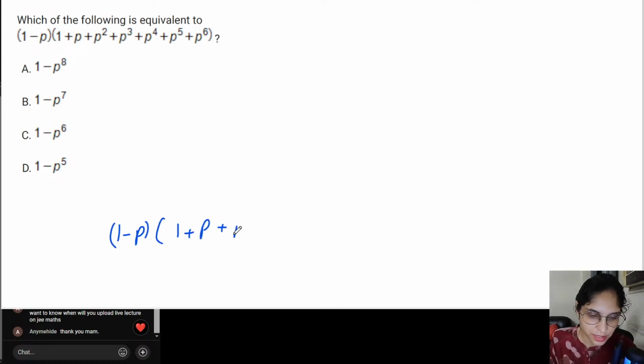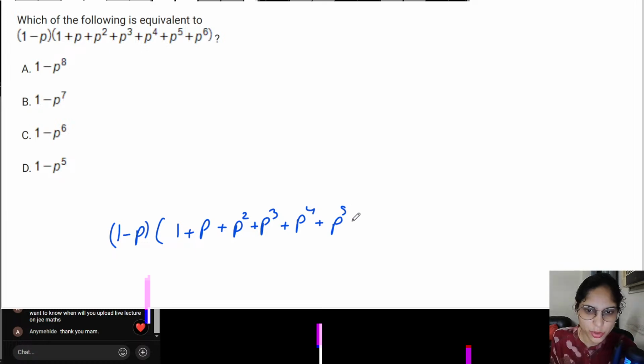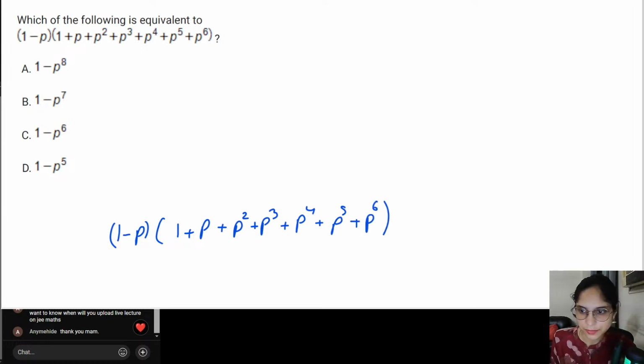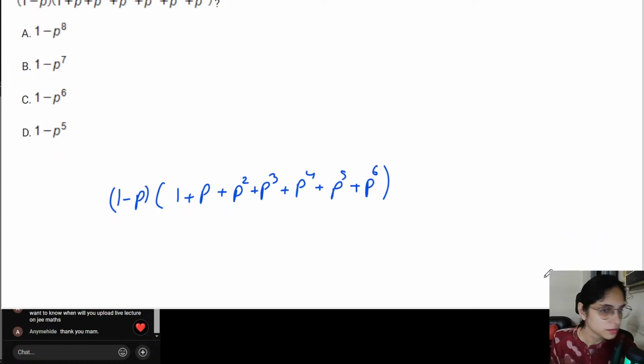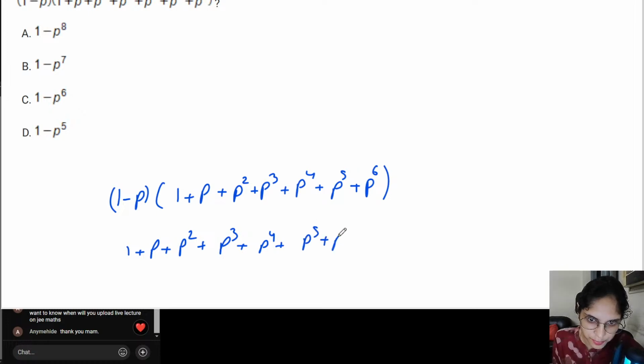Because whenever you have 1 minus x or 1 minus p or anything over there, and there are all the terms, so yeah. So basically if you multiply, it will be 1 plus p squared plus p cubed plus p to the 4th plus p to the 5th plus p to the 6th.